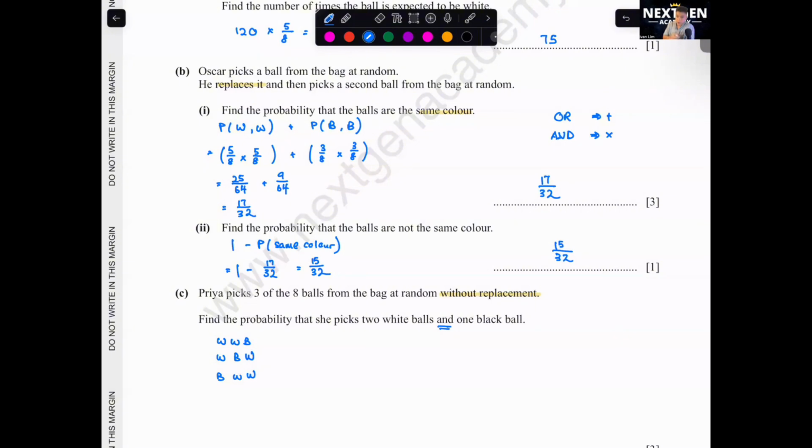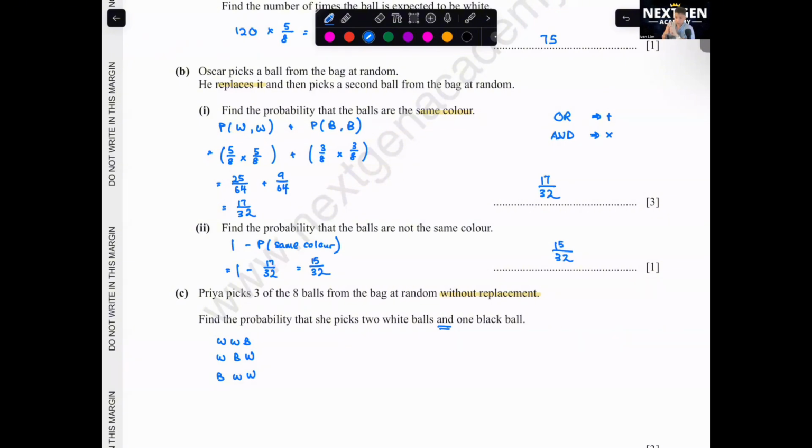Okay, understand the scenario? This is how she will take. So normally if you've got 3 items, you just need to multiply by 3. If it's different kinds of events, like this one, different colors, you don't even need to list them down, and you don't need to do the separate calculations. All you need to do is multiply by 3.